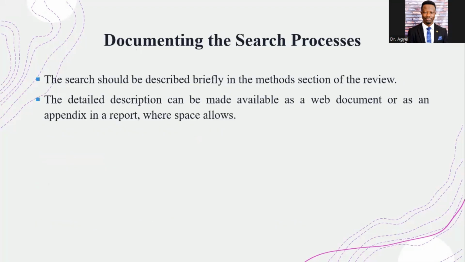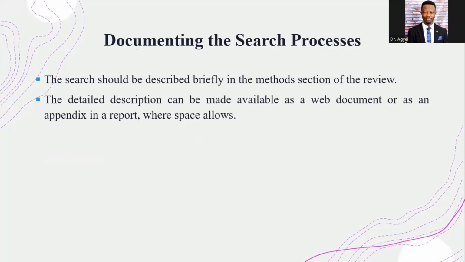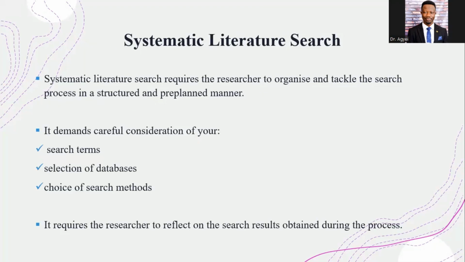In terms of going about the search, some institutions even require their students, for you to present your literature or your studies, to give us the document showing how you came about your literature search.